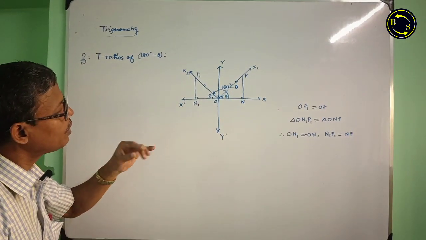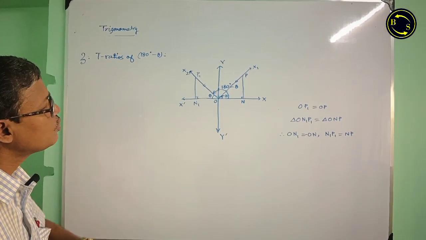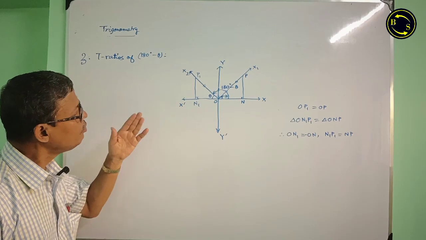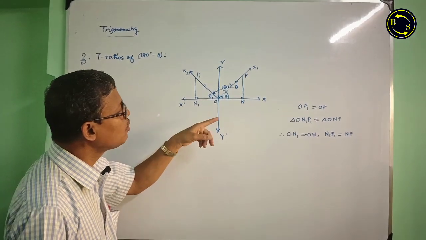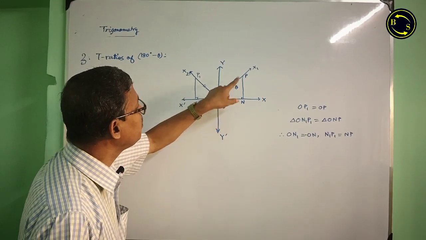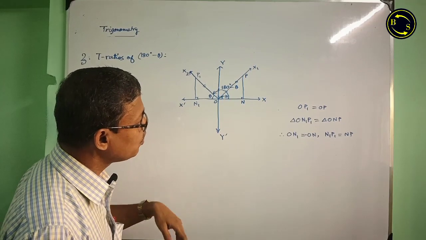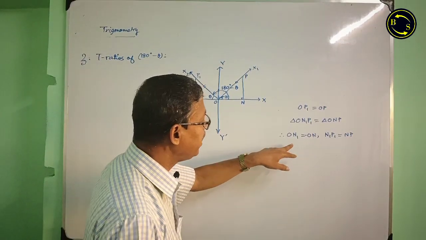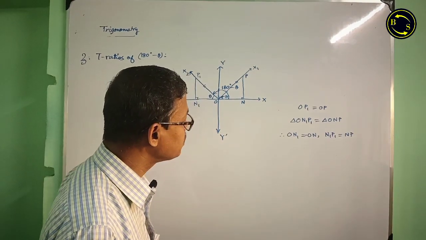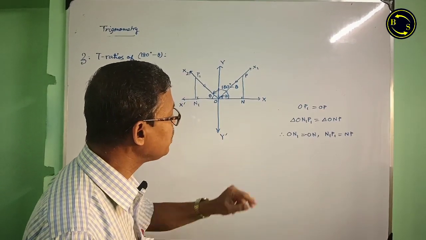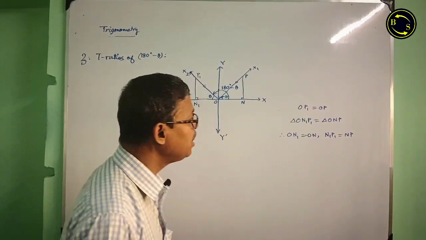Now we draw perpendiculars from the points P and P1 on the x-axis, which are PN and P1N1. Now we can show easily the congruency of the triangles ONP and ON1P1. From the congruency, we find lengths of ON1 and ON will be equal, but by sign convention, ON1 will be equal to minus ON and N1P1 will be equal to NP.